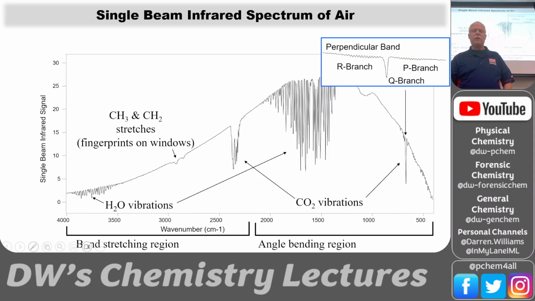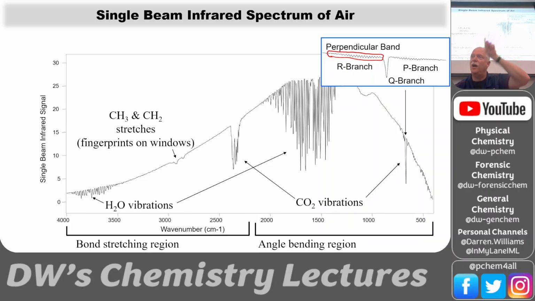Okay. So if we zoom in on this, we see these regular patterns. So this is what we're interested in right here. See those little wiggles? Every one of those little wiggles is a different jump from, say, a rotation level of 4 to 5 or 5 to 6 or 6 to 7.